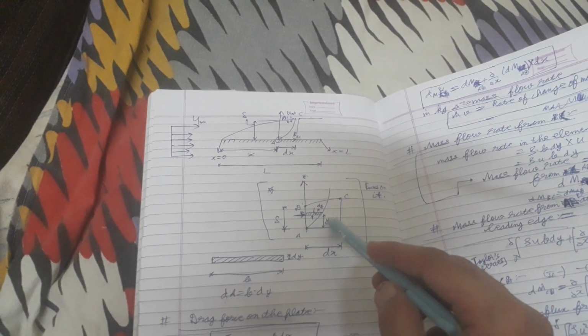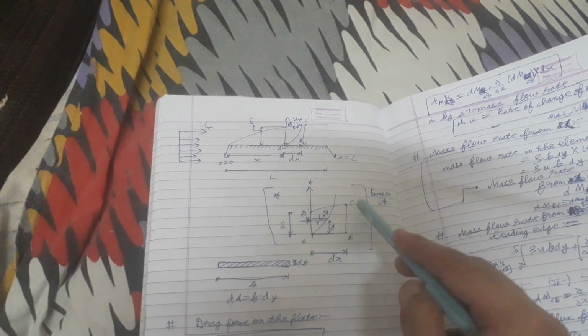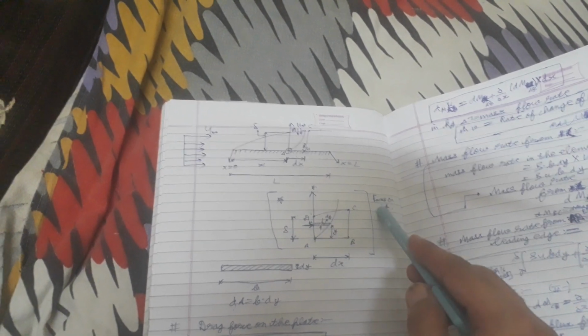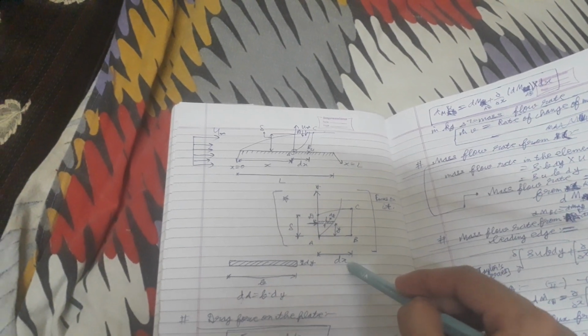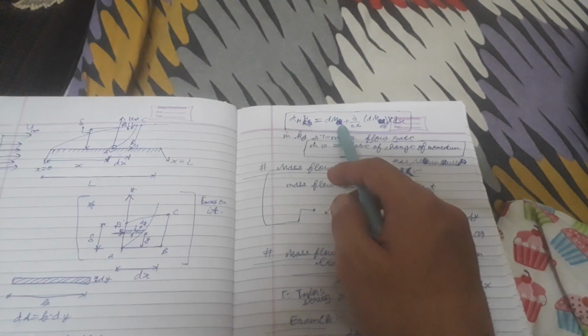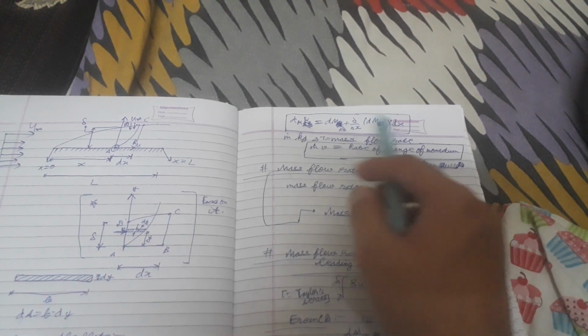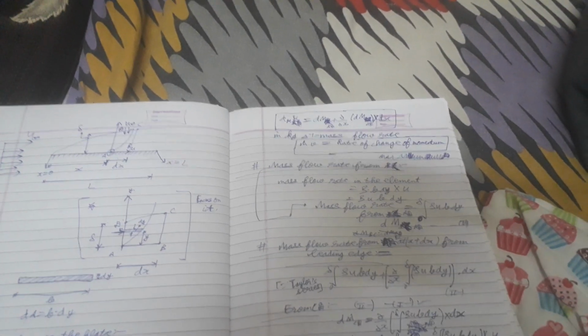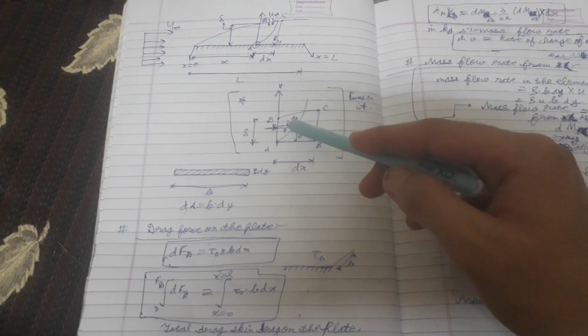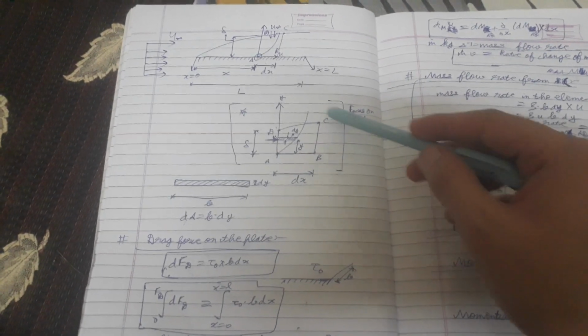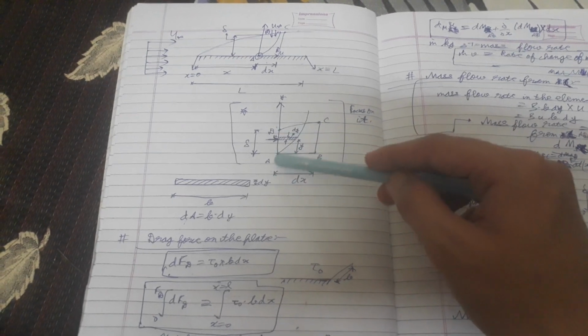Focus on the element with dx. The mass flow rate through BC is dm BC is equal to dm AD plus del by del x of dm AD into dx. Note this diagram ABCD: BC is greater than AD.